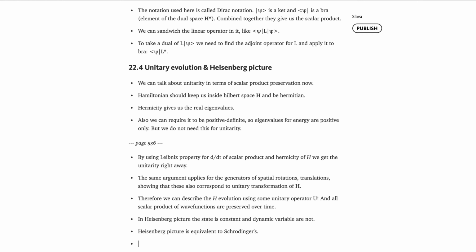And to see that, we should consider first the ordinary Schrodinger picture, take some quantum state psi at time t0, and after some finite time evolution we will obtain the psi of capital T state. That's on page 537 if you have the book somewhere near.